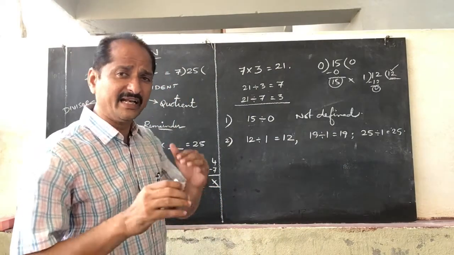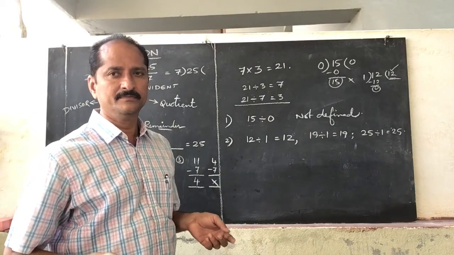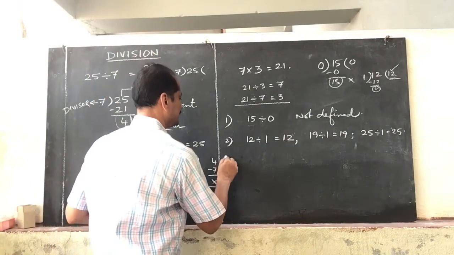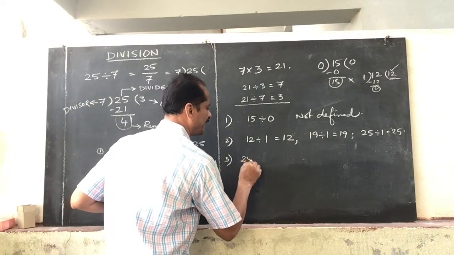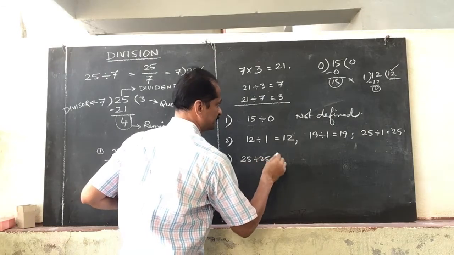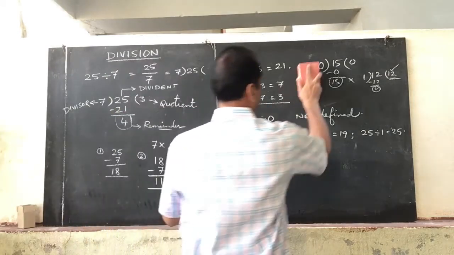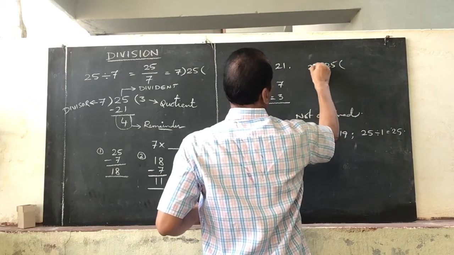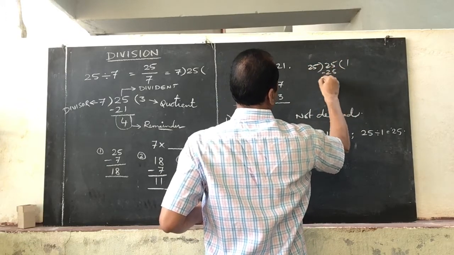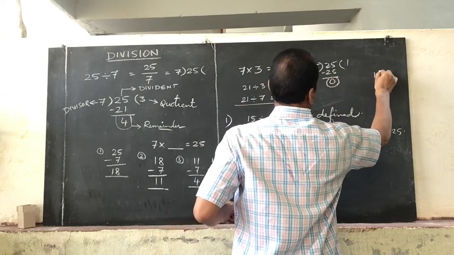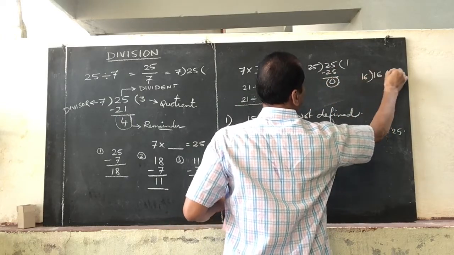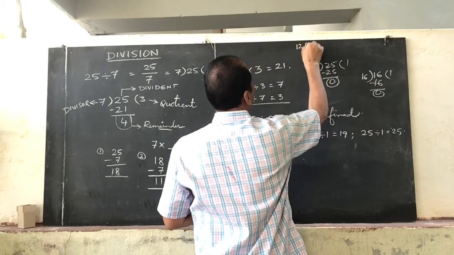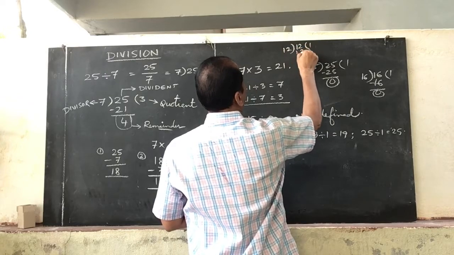Next, dividing a number with itself. Check here, 25 divided by 25. 25 times 1 is 25, remainder is equal to 0. 16 divided by 16, 16 times 1 is 16, remainder is equal to 0. 12 divided by 12, 12 times 1 is 12, remainder is equal to 0.